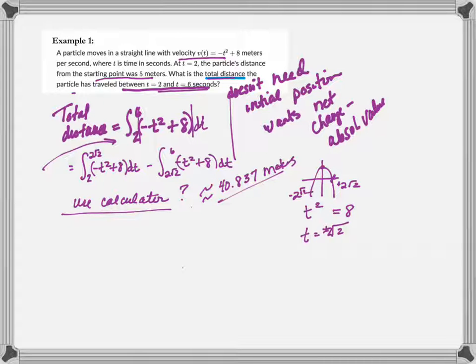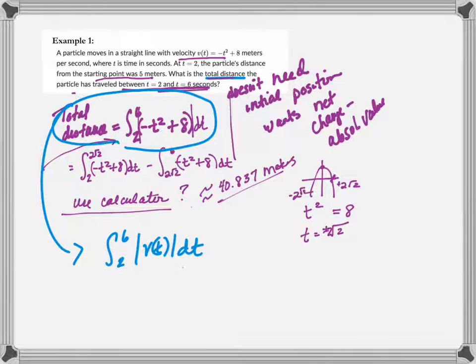So if you're looking at total distance, you're saying it's a net change from 2 to 6, but it has to be absolute value of v of t dt. And that's what that is, absolute value. So I just used the calculator and I got 40.837.